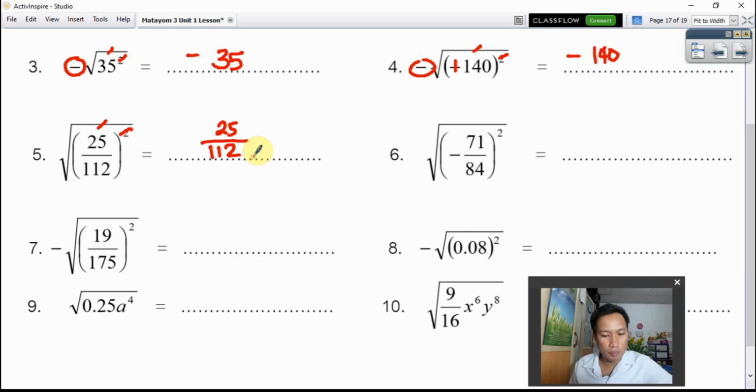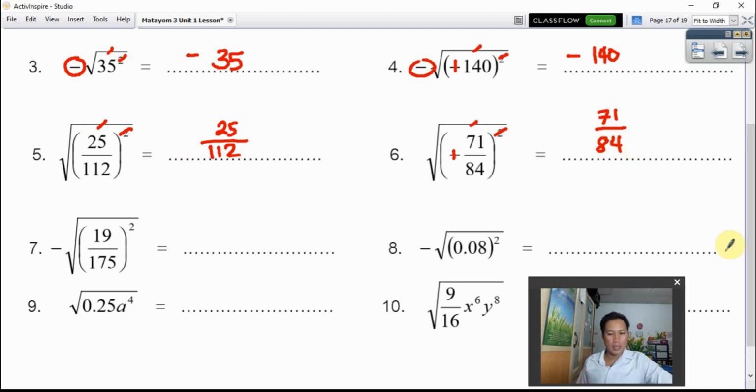Like what I tell all my students, don't make your life complicated. Now you have a negative sign here inside the square. Change it to positive. Cancel the square, cancel the root, and you will get 71 over 84.